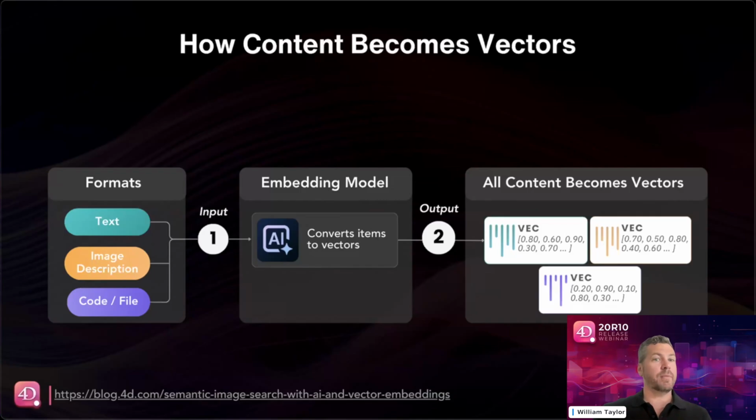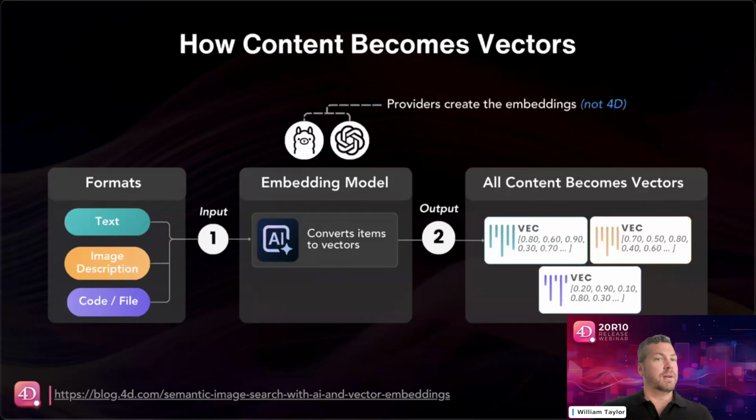In other words, every embedding is just a vector, a list of numbers, that captures meaning. Now, these embeddings aren't generated by 4D. We're not there. Or will we ever, I don't know. But they come from providers like OpenAI or Llama, probably things you've heard about, whose models are built specifically for this job.